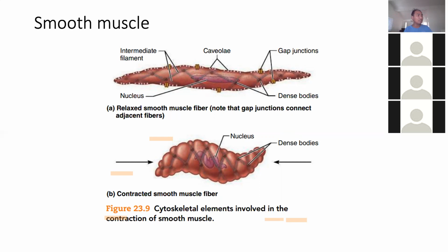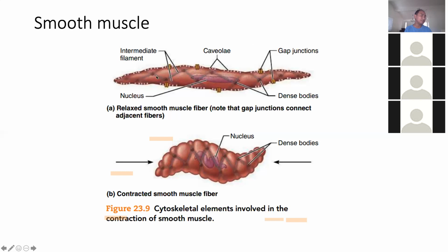So cell structure, for example, these intermediate filaments, like a lace, like a little joint meshing around here and there around the smooth muscle. So that is one example of cytoskeleton, and the cytoskeleton and the actin and myosins are very well connected.